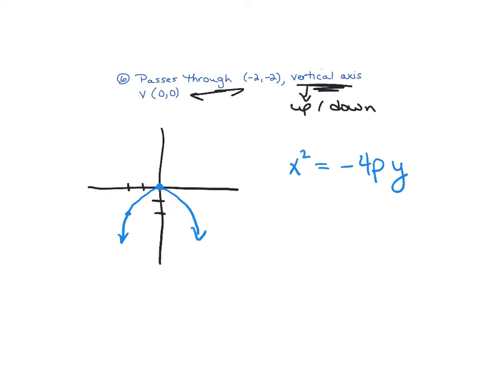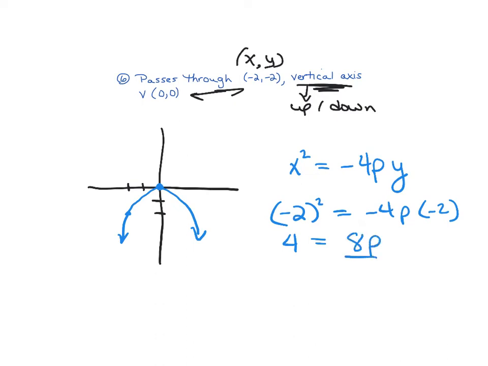So what I'm going to do is, this is x, this is y, in the point that's on my parabola. So I'm going to plug the negative 2, negative 2 into my equation. I'm going to plug in negative 2 for x and negative 2 for y. 4 equals, and I'm going to go ahead and multiply the negative 4 and the negative 2, and this will give me positive 8p.